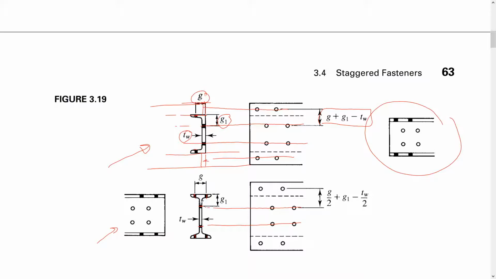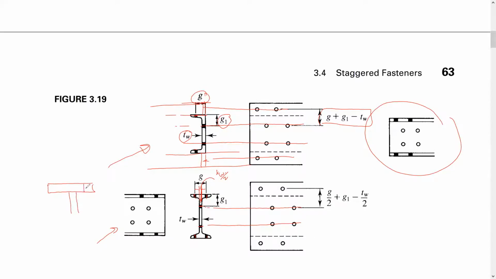Imagine you are taking it at the mid here. This distance is half of the web thickness. Let me do it here, guys, I think that's much easier for all.